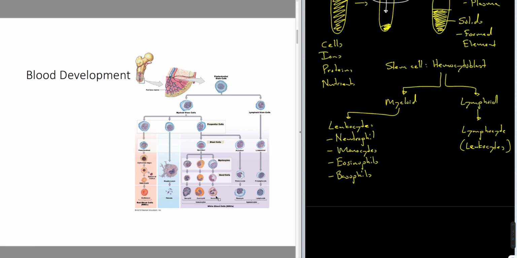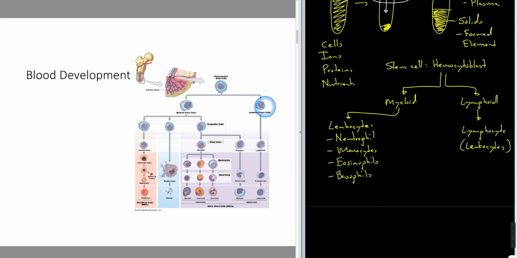And there are different cell lines that do this. You can ignore all this extra stuff. I want you to understand the stem cell, the hemocytoblast, also called hemopoietic stem cell.